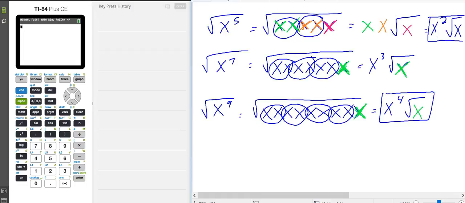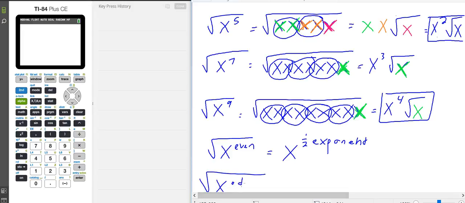So let's see if we could come up with a rule for the simplest radical form of the square root of a variable that has an odd exponent. We discussed that when you have the square root of a variable with an even exponent, it becomes that variable to 1/2 of the exponent. What happens if you have the square root of x to an odd exponent?